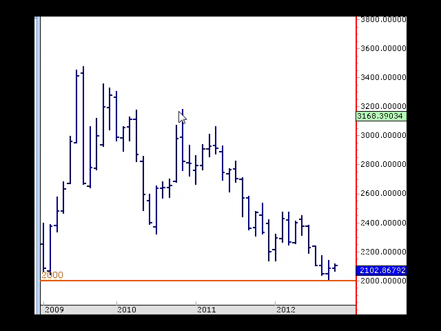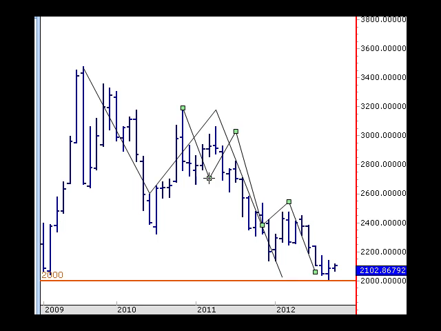A C wave always has 5 waves in it, the 1, the 2, the 3, the 4 and the 5. So essentially we've got an ABC correction, and then 5 waves in this structure through here.